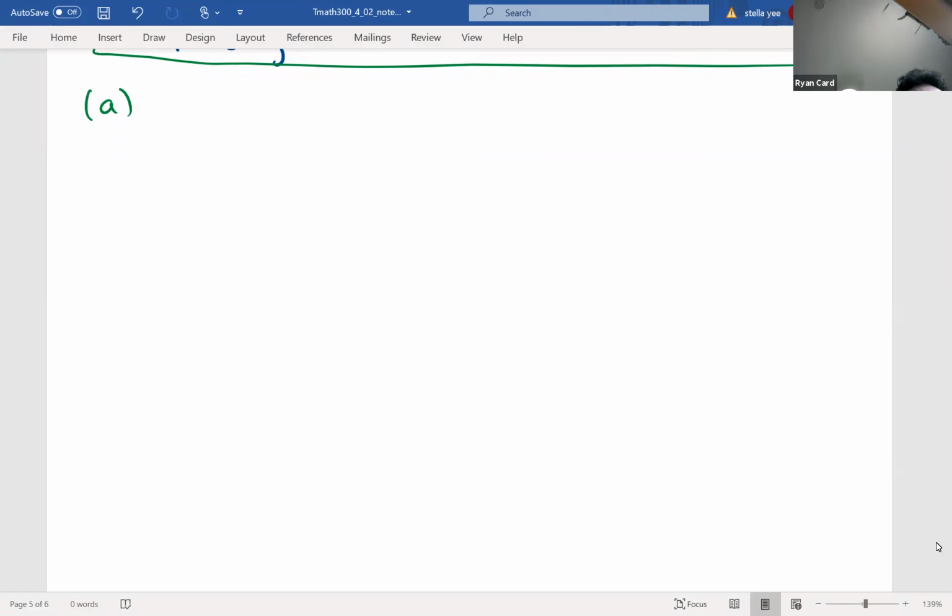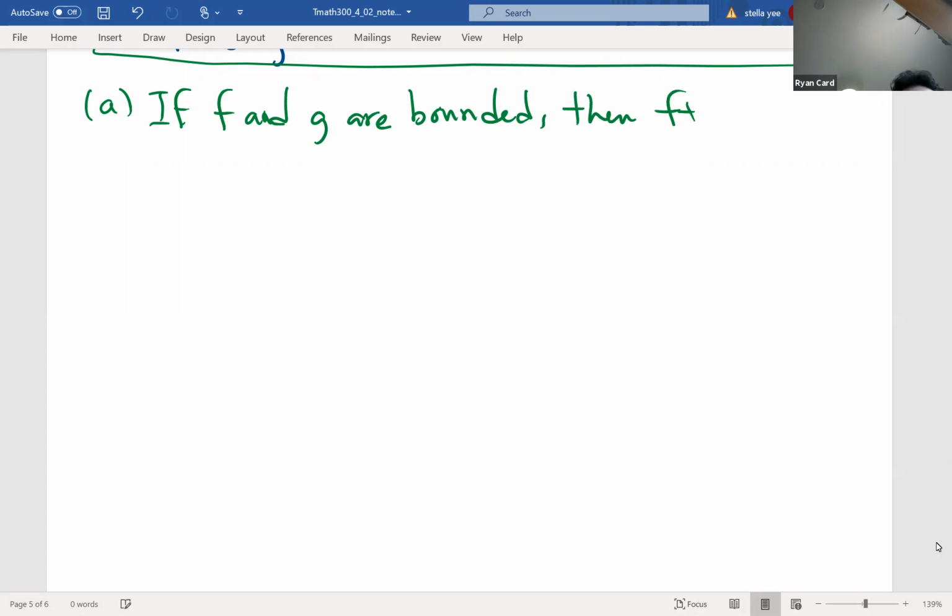So here I want to show if f and g are bounded, then f plus g is also bounded. Let's work on the proof. This is a proof where we basically use the definition for boundedness 3 times.